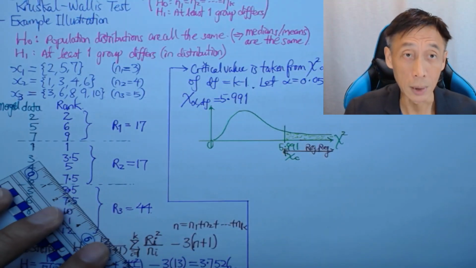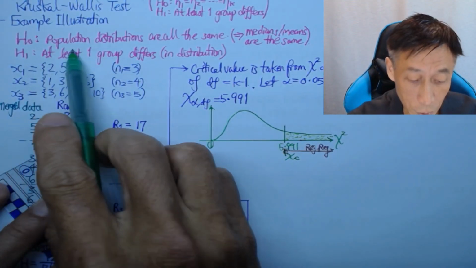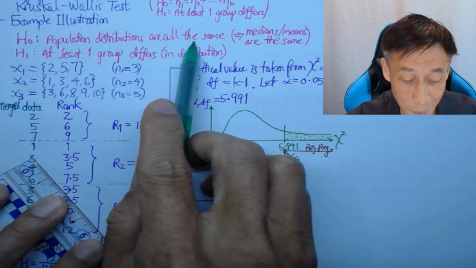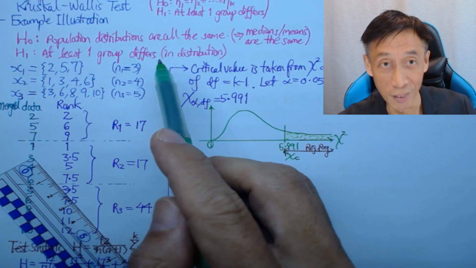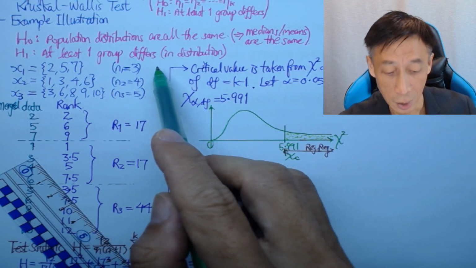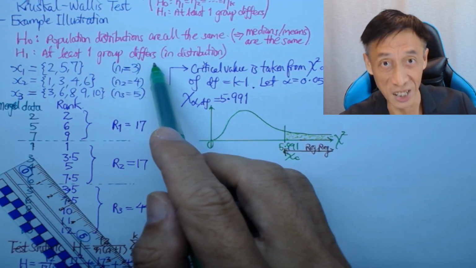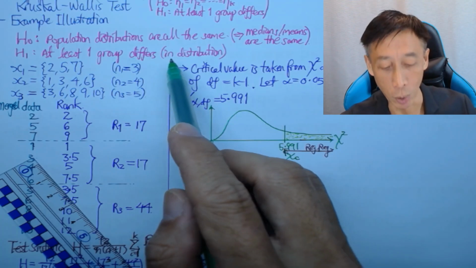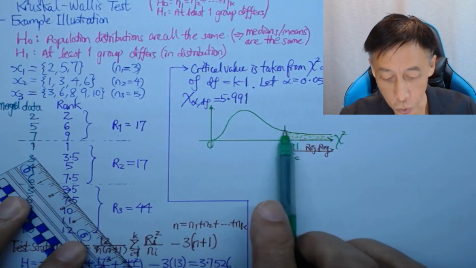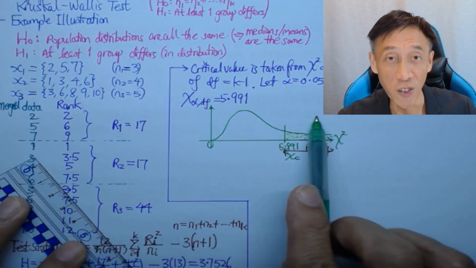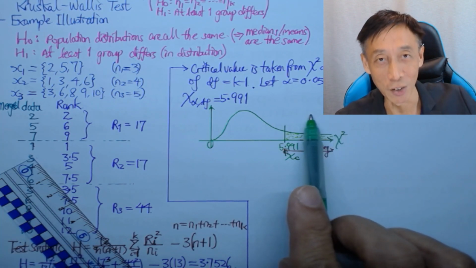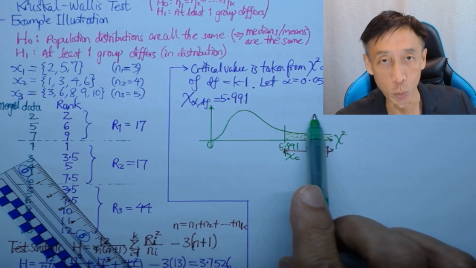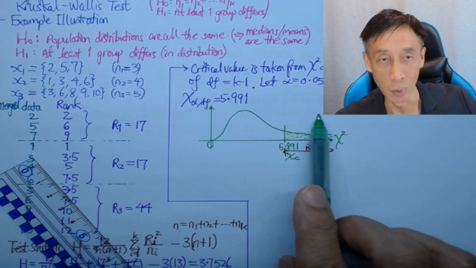Now remember, what's our H naught? Population distributions are the same, right? But when one group differs, then some sort of error or variance occurs greatly because it's creating a lot of error squares, and it will push the test statistic very far to the right if a group is very outstanding, differs by a lot, or multiple groups differ by a large enough magnitude.